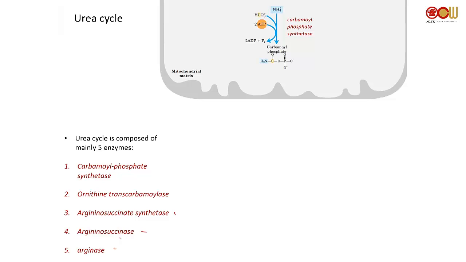Okay. Now, what is also done in the mitochondria is you take ornithine. Ornithine looks just like lysine, but 1 carbon short. And you use ornithine transcarbamylase. You take the carbamoyl phosphate plus ornithine, and essentially you kick out the phosphate and put these 2 onto here.